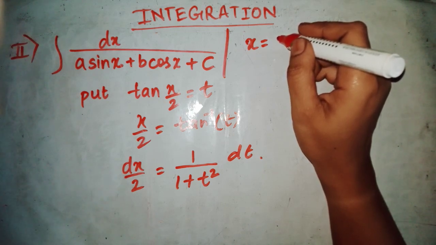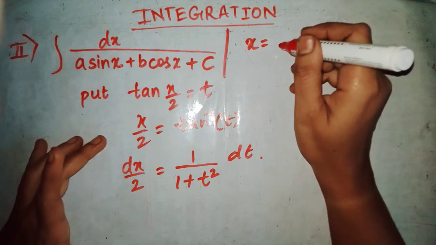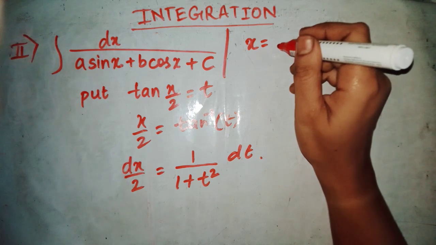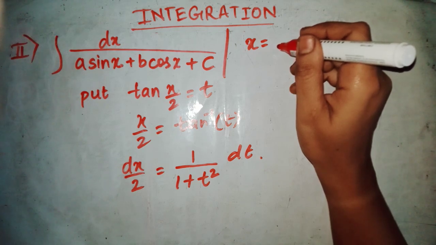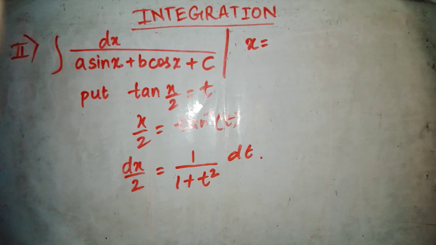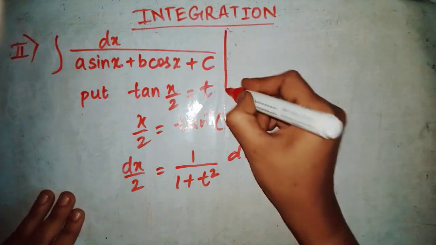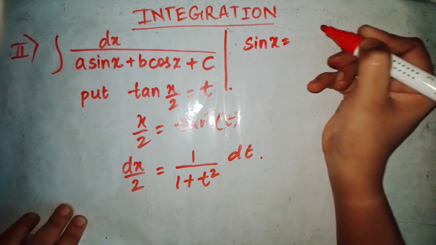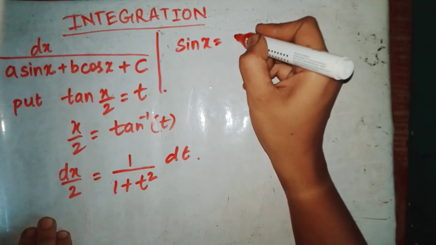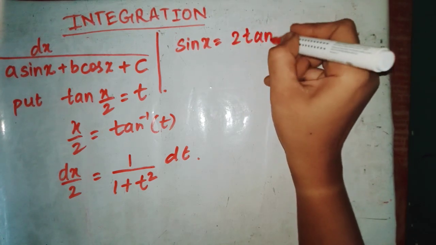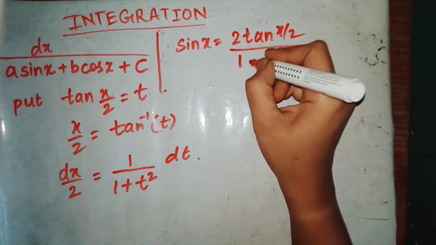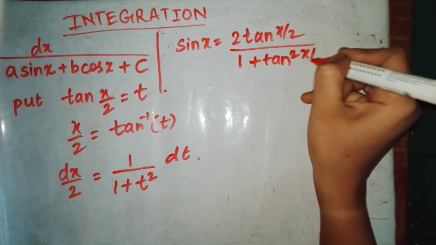So using those identities which you have learned in your 11th standard, sin x, using the half angle formula, becomes 2 tan x by 2 upon 1 plus tan square x by 2, and cos x is 1 minus tan square x by 2 upon 1 plus tan square x by 2.